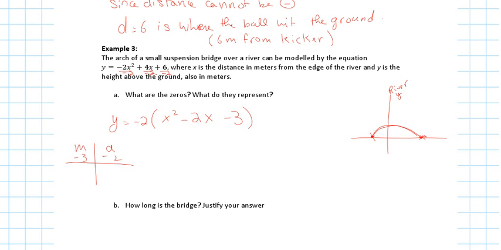-3 and 1? Yeah? I don't have too many options here, do I? So that's it. What are the zeros? 3 and -1.